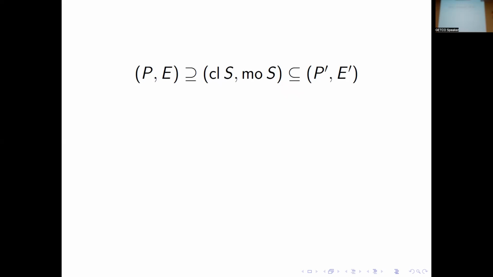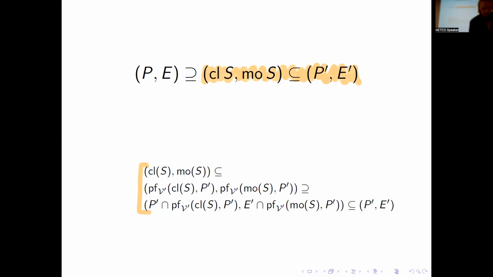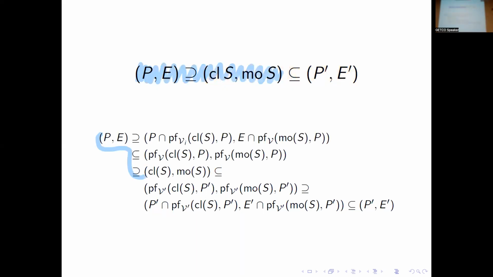So now we want to connect them properly, to make sure that the generators they induce don't get mixed up, let's say. So this inclusion that was above is a lie, because behind this inclusion actually sits this sequence of inclusions, and behind the second one sits the symmetric sequence of inclusions.